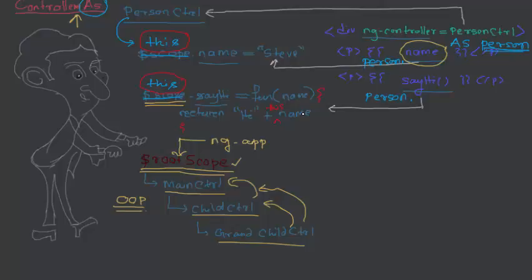To get rid of that kind of error, you assign this to a variable at the beginning of the controller. I have given self, but you can use any name you prefer. Here, instead of this dot name, you use self dot name and self dot height. And there is no need to change the dot notation; you give person controller as person.